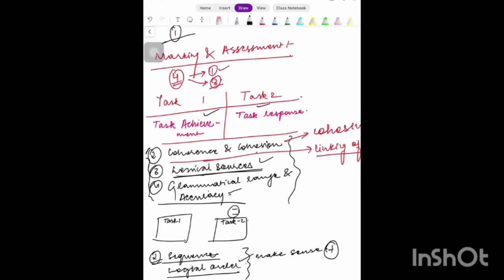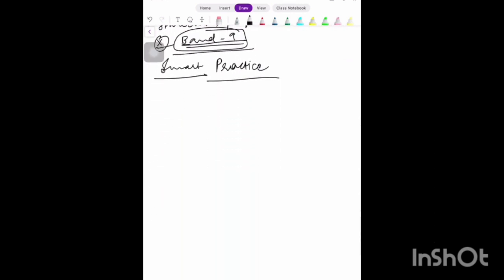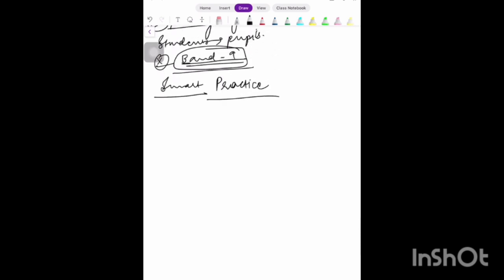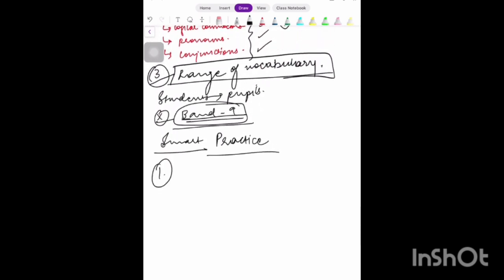And then let's study what is there in task achievement and task response. So task achievement is basically, what does it talk about?